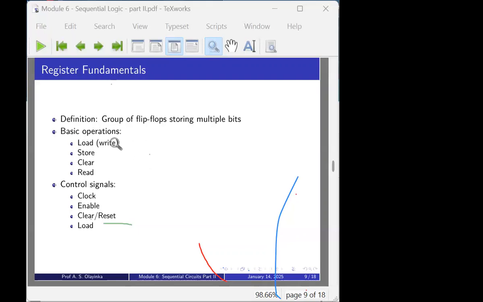What they do basically, they can load or write data, they can store, they can clear, they can read. That's register. And then the control, you have the clock control, you have the enable, you have clear and reset, you have load. These are the types of signals that you can have within the register.